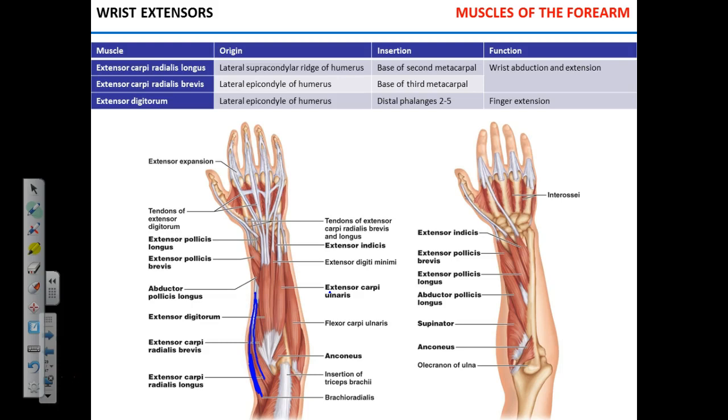Then you have a large muscle called extensor digitorum. You can see it right here, it's 17. On the model, you can easily appreciate that. Tendons go all the way to the phalanges from 2 to 5, and they do essentially this.